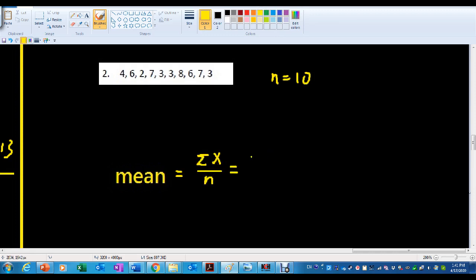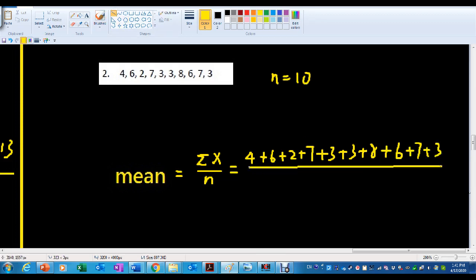Okay, so let's do the mean. You need to add all of them, and you need to divide that by 10, right?